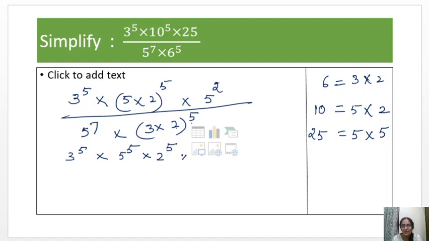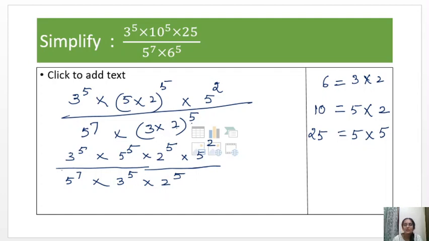Now once again write 5 square, right? 5 power 7 into 3 power 5 into 2 power 5.